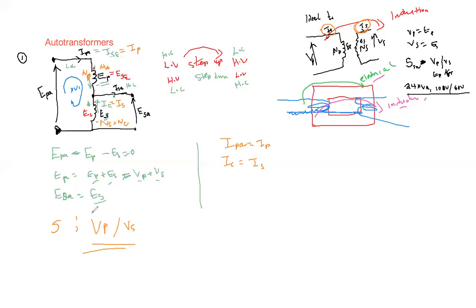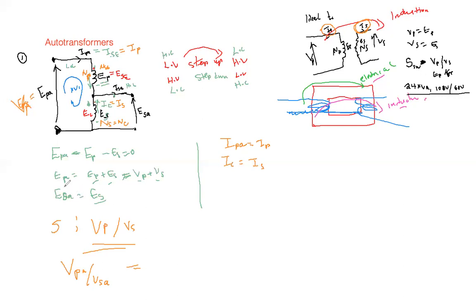On this transformer, what I want is VPA over VSA. Now, what is my VPA? My VPA is the same as EPA, because right now I'm still dealing with the ideal.